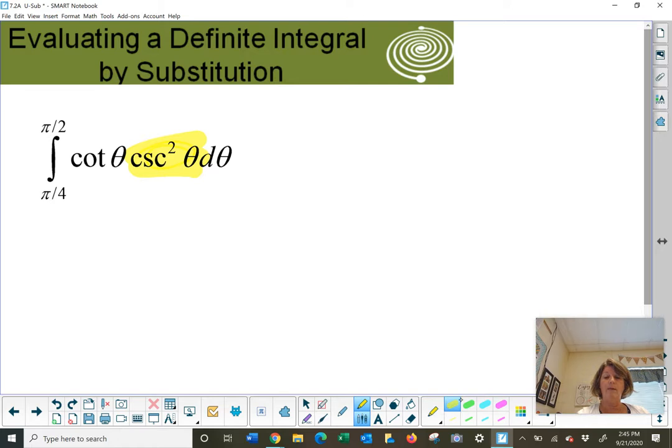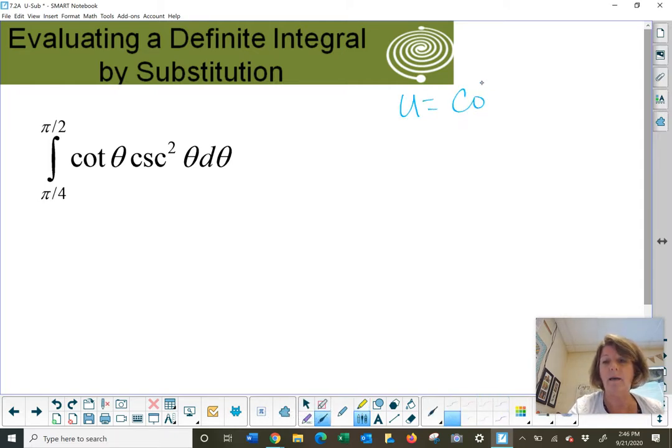My other thought was, what if I let u equal cotan, then the derivative of cotan is cosecant squared. This is a case where you really could do it either direction, and I think I'm going to let u equal cotan. I just feel like that might be a little simpler. So let's let u equal cotan of theta.